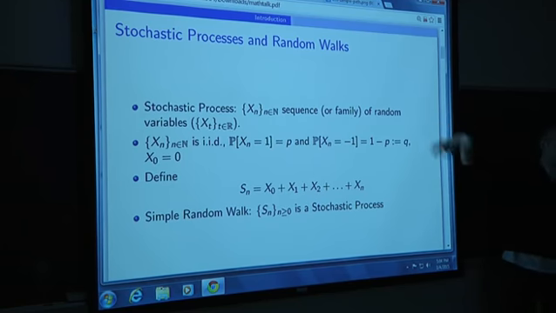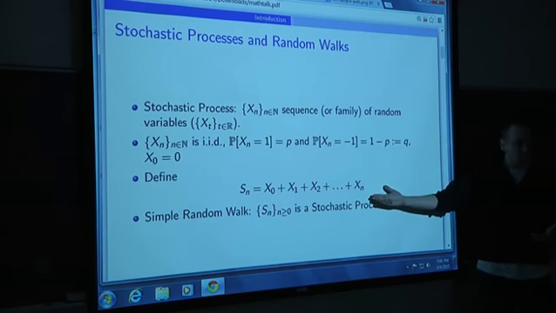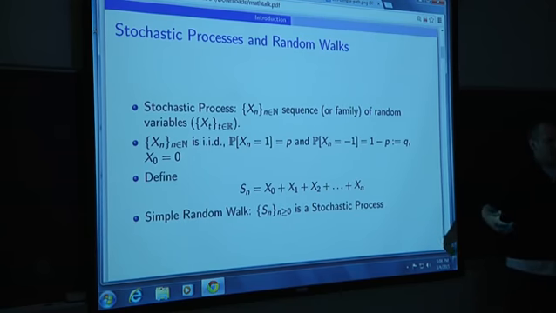I mean, roughly, leaving behind the probability space in which those variables live. And this is a very simple example, just tossing coins. We can define a simple random walk, the most simple random walk, as the sum of these IID random variables.